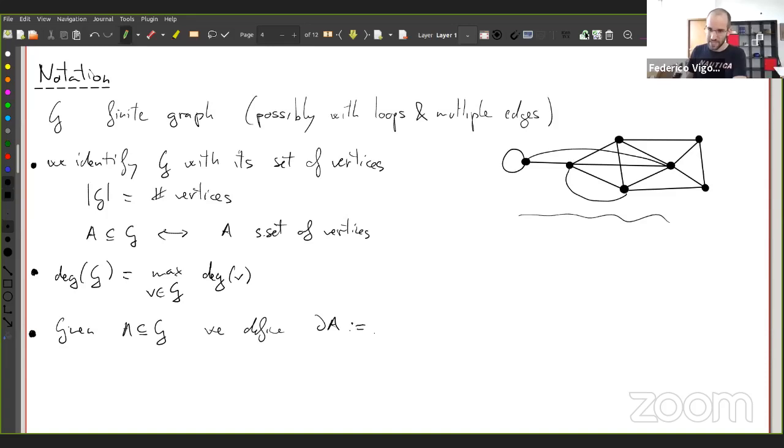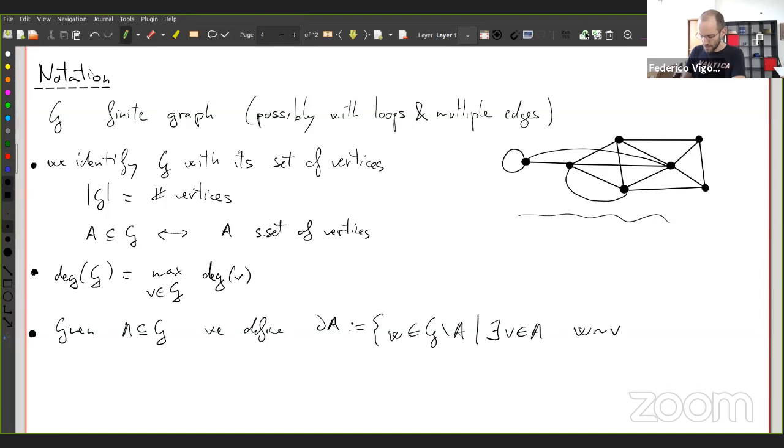The boundary of A is just equal to the set of vertices in the complement of A that are linked to the inside of A, so for which there exists a vertex in A and an edge connecting w and v. This symbol means that there exists an edge. So, picture, say that this is our set A.